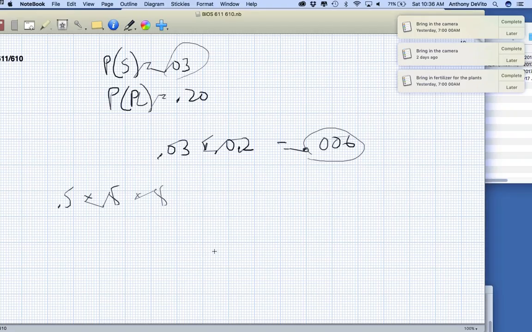Now, let me phrase this another way, which could turn up on the exam, which could be a little tricky.